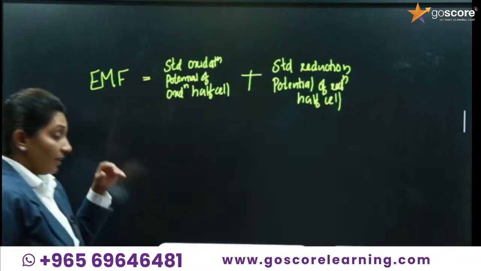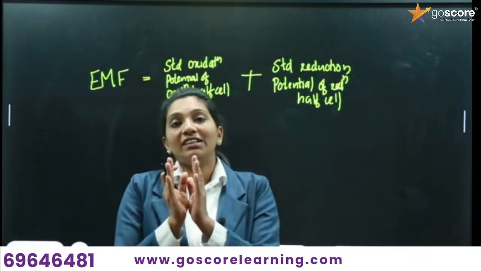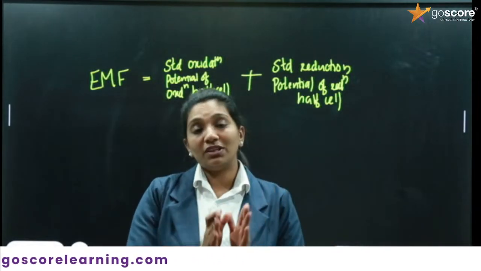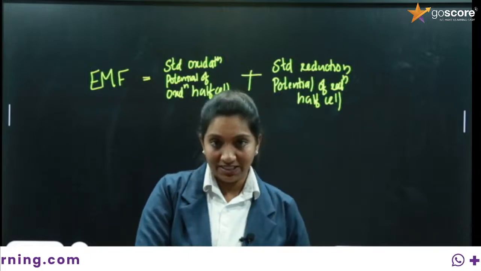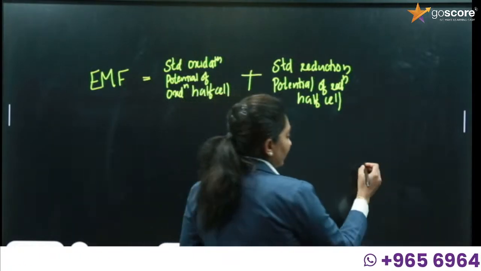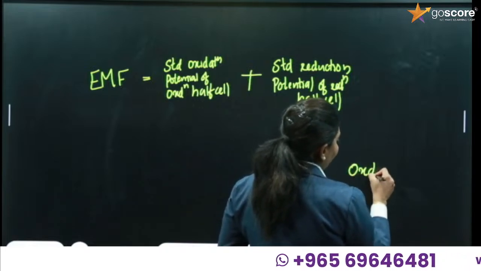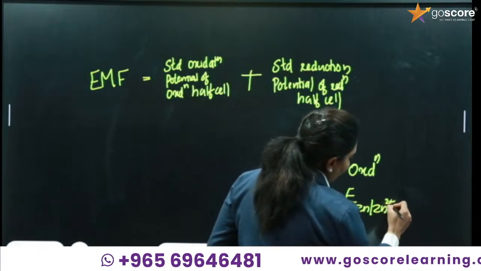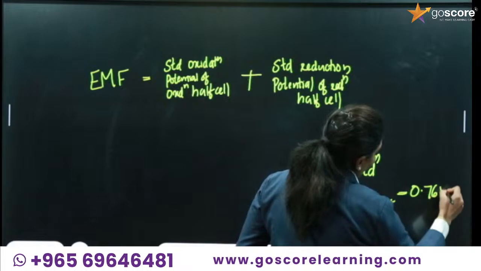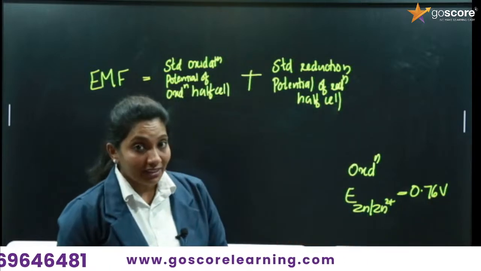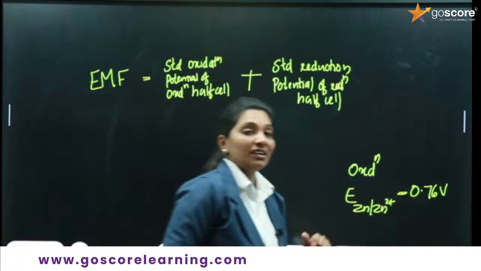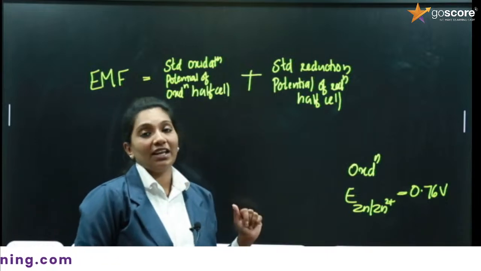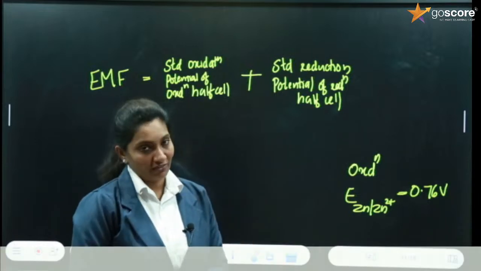I forgot to mention one thing: if you have the standard oxidation potential, the standard reduction value of that particular electrode will simply be the negative sign. For example, the standard oxidation potential of the zinc electrode, Zn|Zn2+, is 0.76 volt. Then its standard reduction potential will simply be the negative value, minus 0.76 volt.